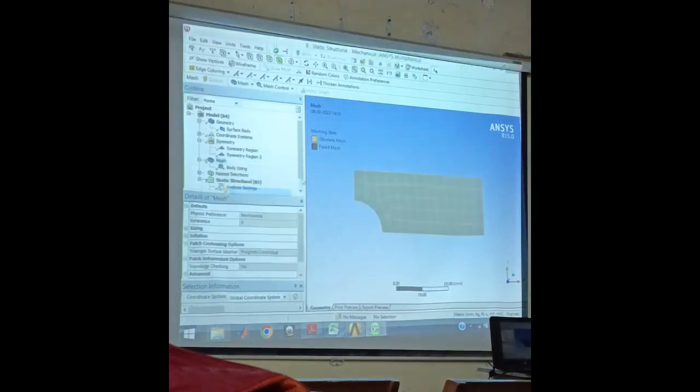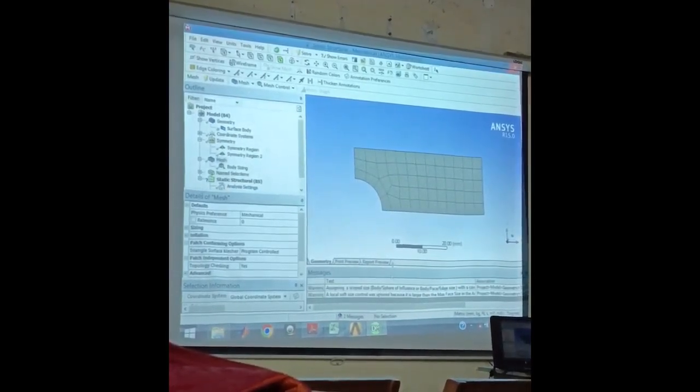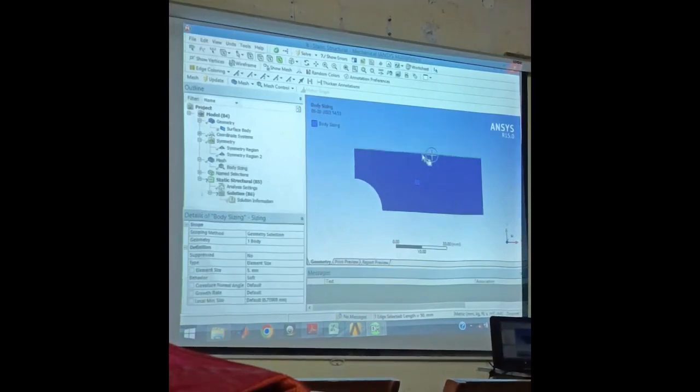Generate. Wait. Now it starts giving some error. Once again let me check. This length is... Not error, warning. So, what is this length?